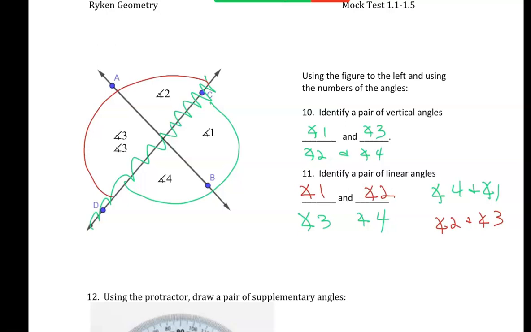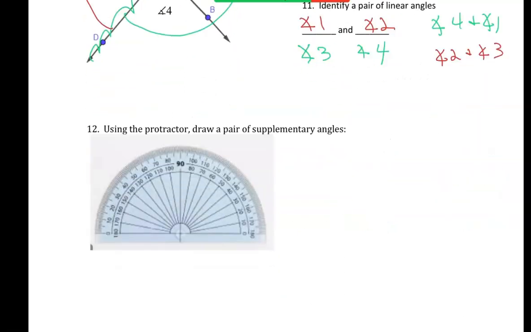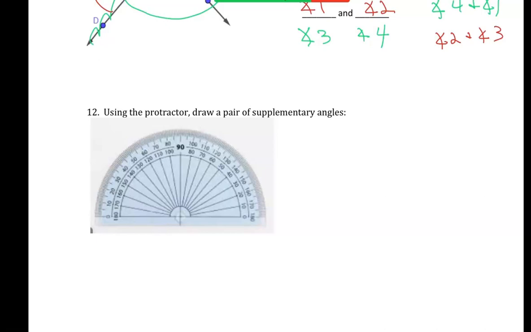Okay, so be careful about doing this. Do not tell me the line. Tell me the two angles that are on that line. Those are your linear pairs. Okay, using a protractor, draw a pair of supplemental angles. So you've got to know that supplementary equals 180. So this has to be the whole line, okay?